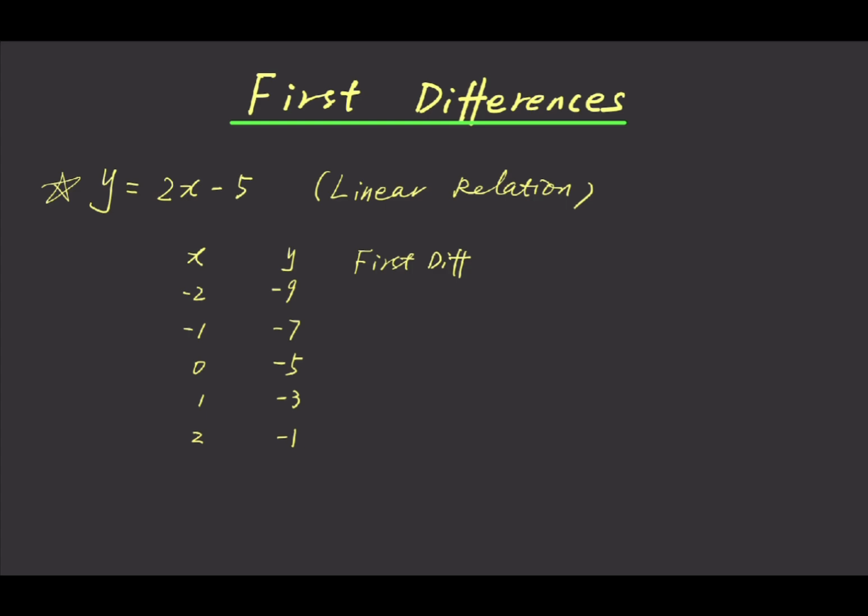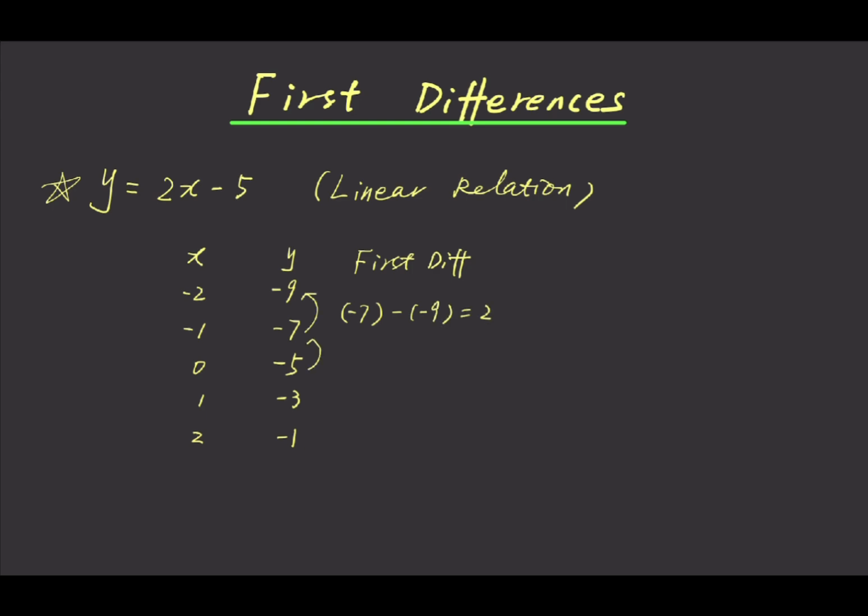Because we know this y and this y, the difference is the so-called first difference. We can use -7 minus -9. We get the difference equal to 2.